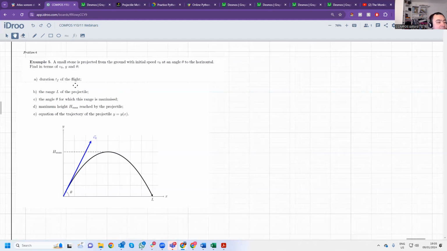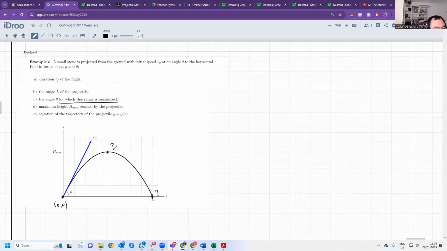Right, so for this question, you start at 0, 0. Then you want to find this point, the maximum height, and the angle for which the range is maximized. Okay, that's fine.